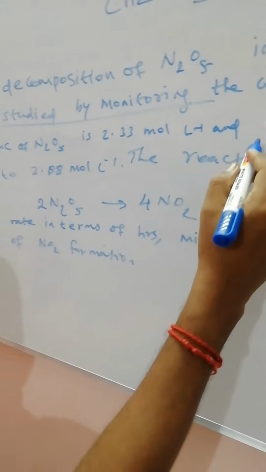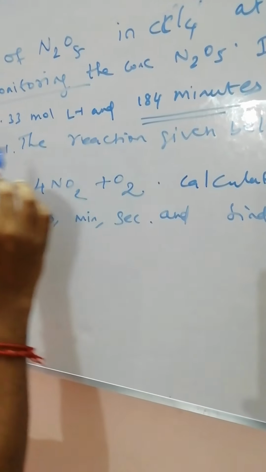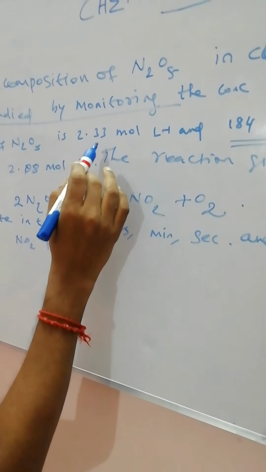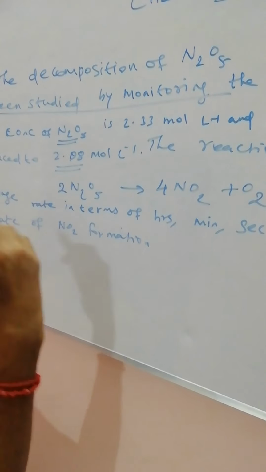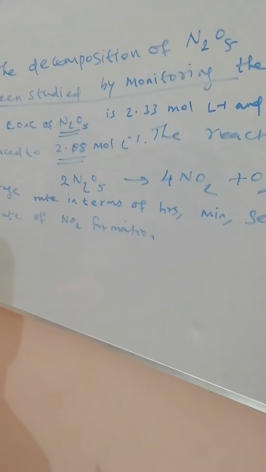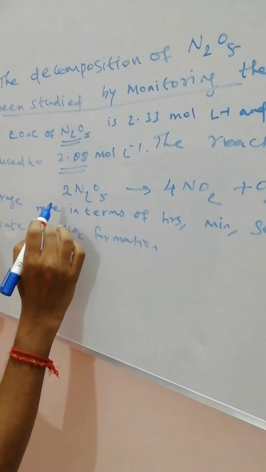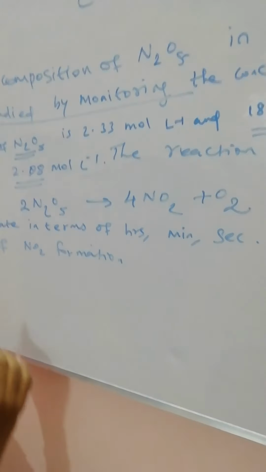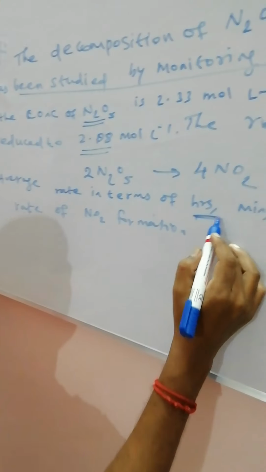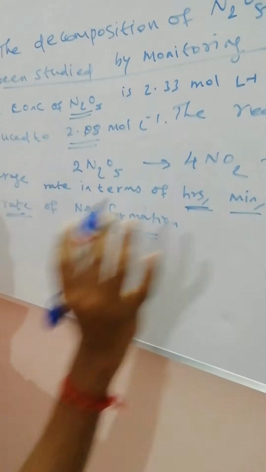After 184 minutes, the 2.33 mole per liter concentration of N2O5 reduced to 2.08. That means some amount of product will be formed. The reaction is N2O5 decomposed to give nitrogen dioxide and oxygen. Calculate the average rate in terms of hours, minutes, seconds, and find the rate of NO2. So 4 things we have to find.